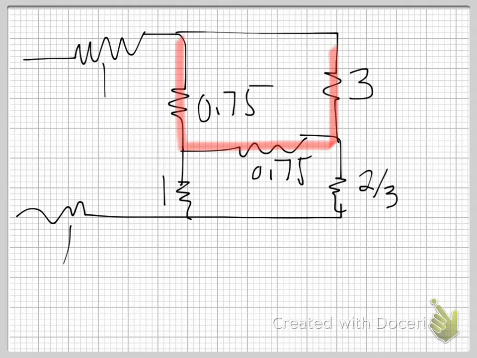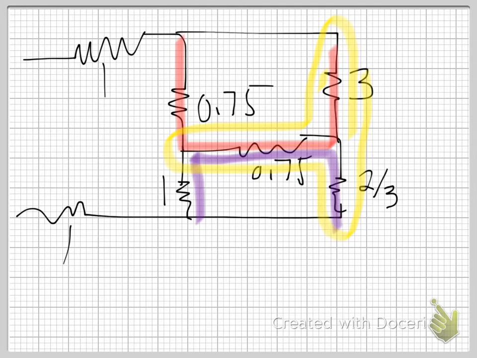Then we have a second delta, no, not brown, I like purple. We have a second delta there. And then the Y. Yes, that is what we are dealing with.